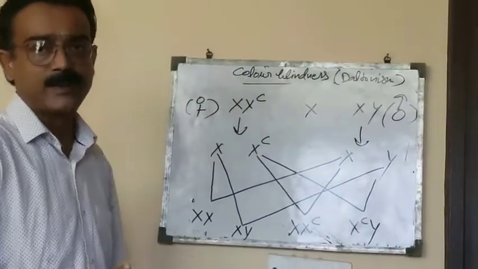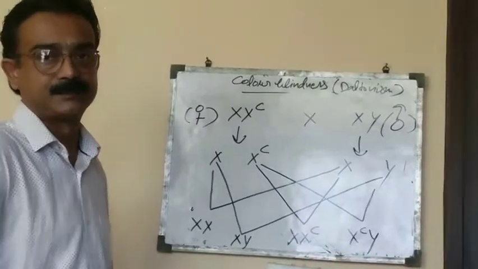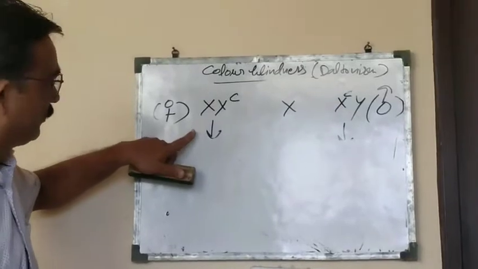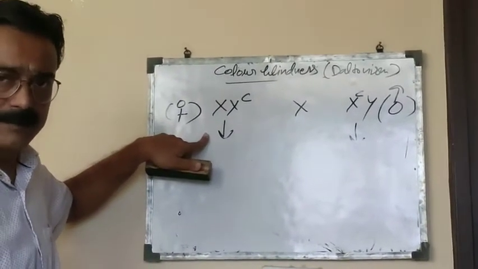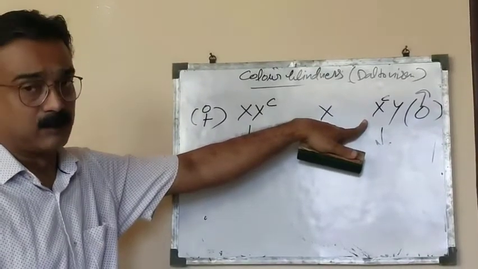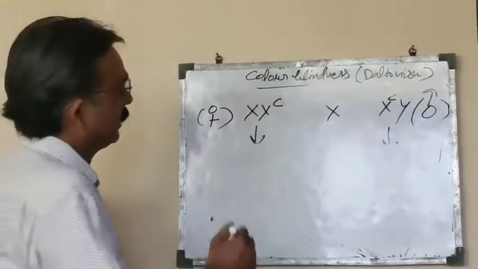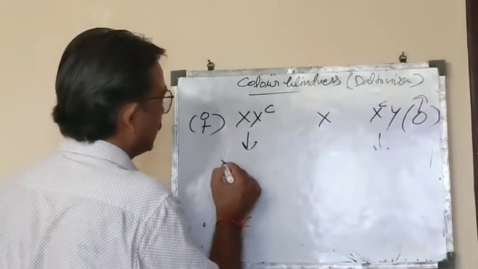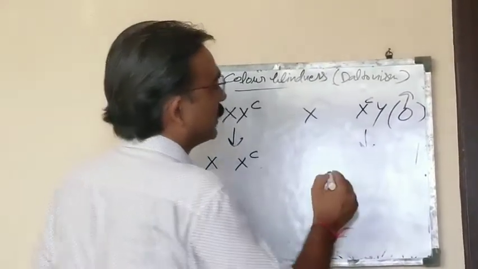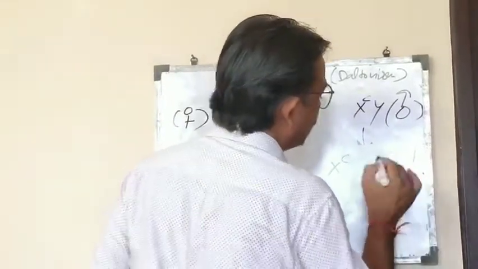Now I am going to explain the second condition. In the second case you are observing that the female is a carrier, the mother is a carrier, but the father is colorblind. Now what will happen? Again during gametogenesis, two types of gamete will form, right?